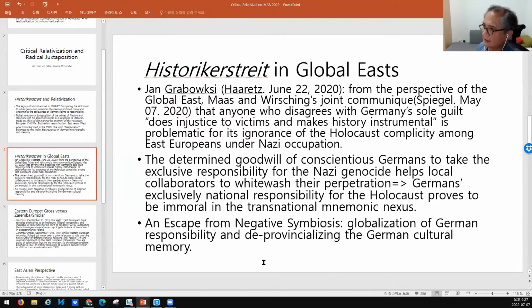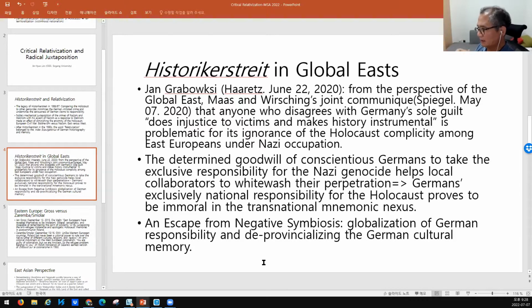So Grabowski's one-way criticism against Maas and Wirsching's joint communique shows us a certain necessity of an escape from the negative symbiosis, which helps to establish national identity in both Germany and Israel.